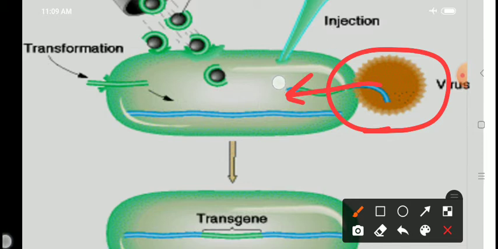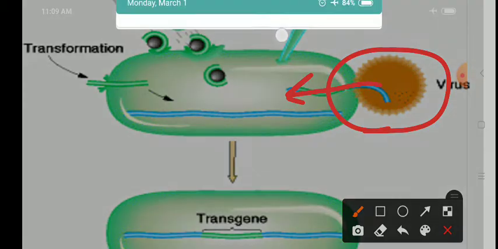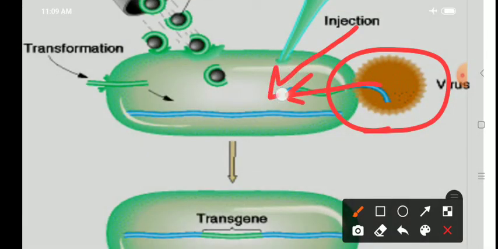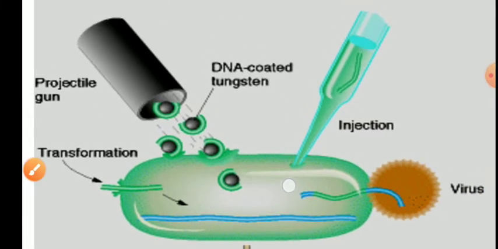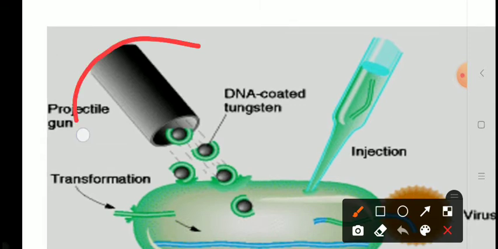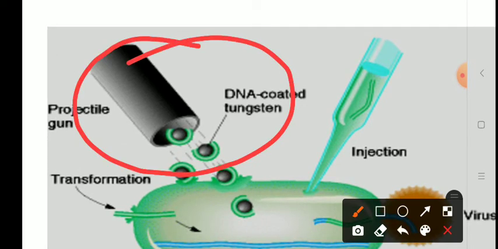Then we've studied the microinjection method, where with the help of a needle or micropipette, the DNA is directly inserted inside, or with the help of a particle bombardment gun, DNA-coated tungsten particles are directly inserted inside the cell.